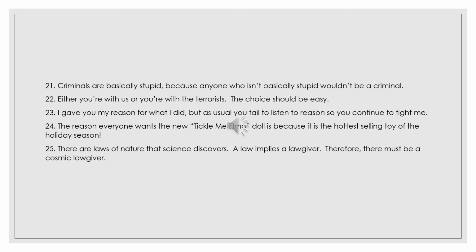So the two senses of the word law are different, and the conclusion that therefore there must be a cosmic lawgiver doesn't follow, because even though there may be laws of nature, that doesn't mean that those kinds of laws require a lawgiver. Maybe they do, maybe they don't. That would be something to take up in another philosophy course, perhaps.